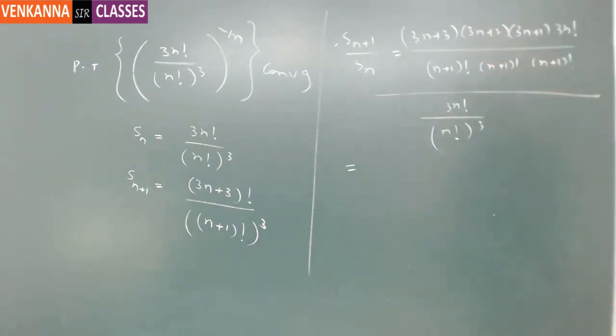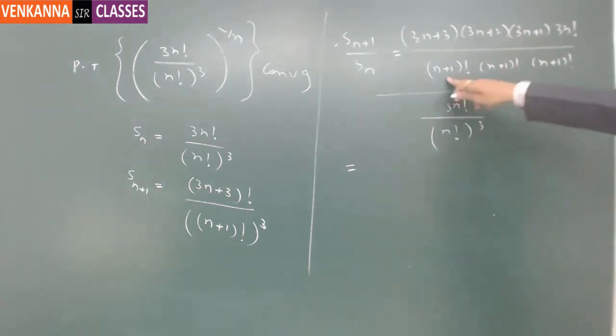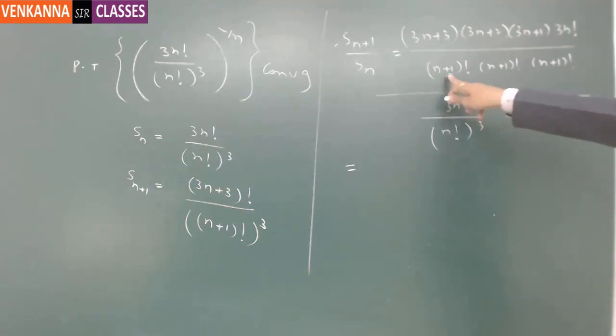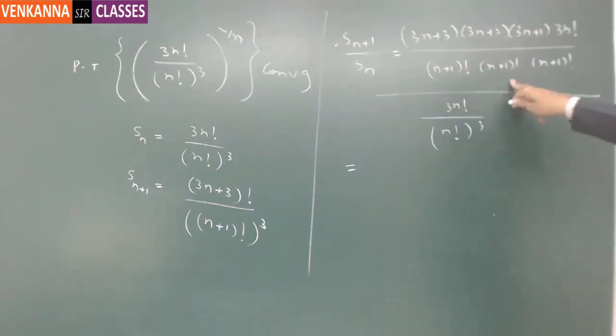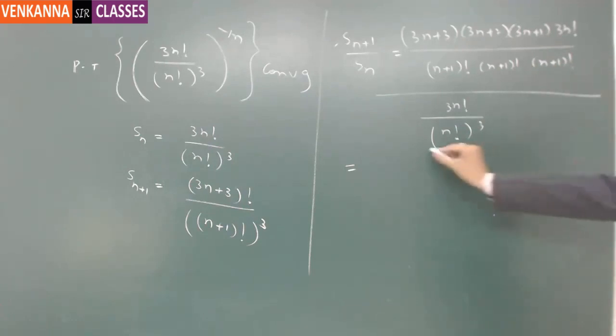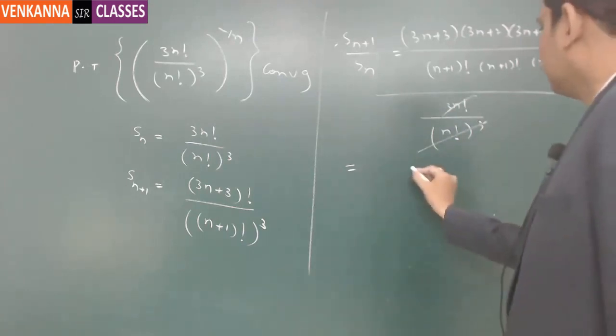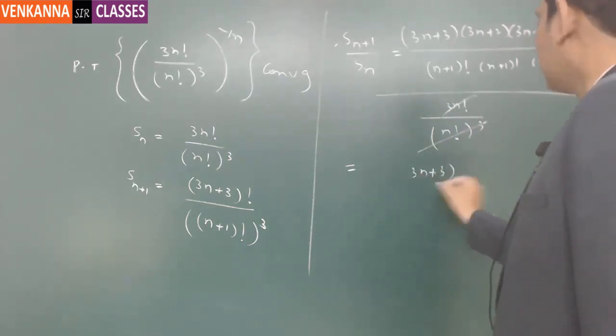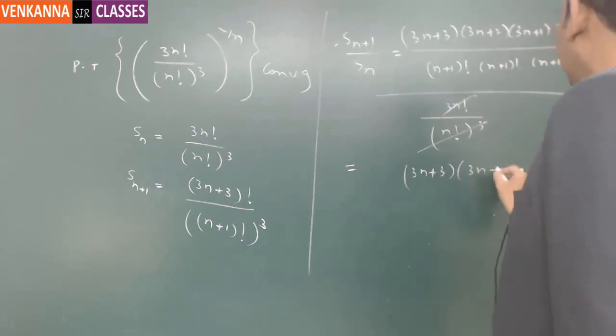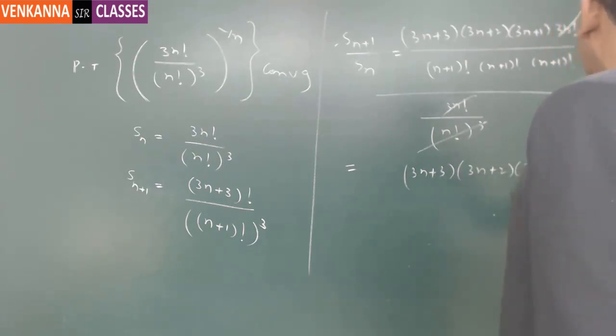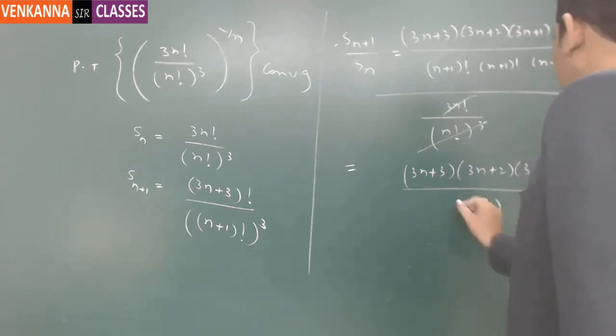Now if you go for simplification, for n plus 1 factorial, you can write it as n plus 1 into n factorial. So you will get n factorial, n factorial, n factorial here. So n factorial cube gets cancelled and 3n factorial gets cancelled. So you can write it as 3n plus 3 into 3n plus 2 into 3n plus 1 by n plus 1 whole cube.